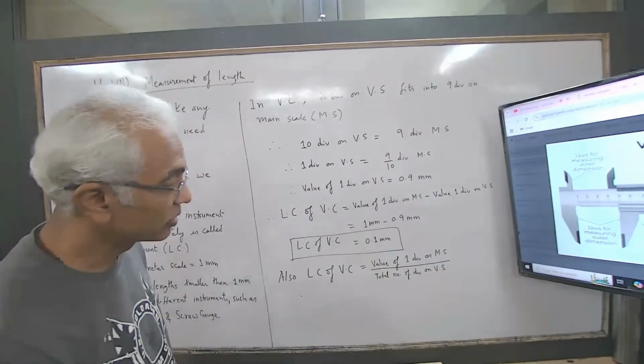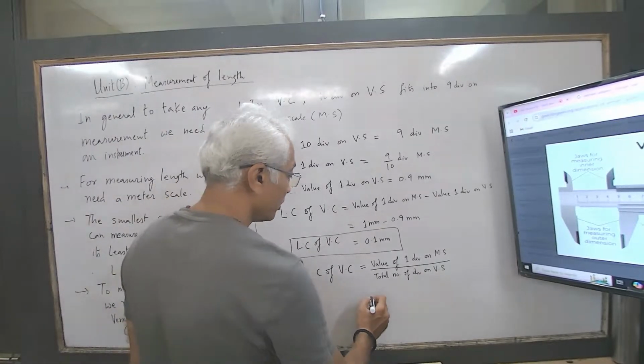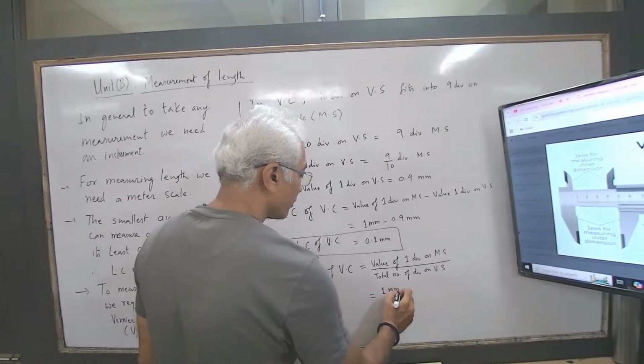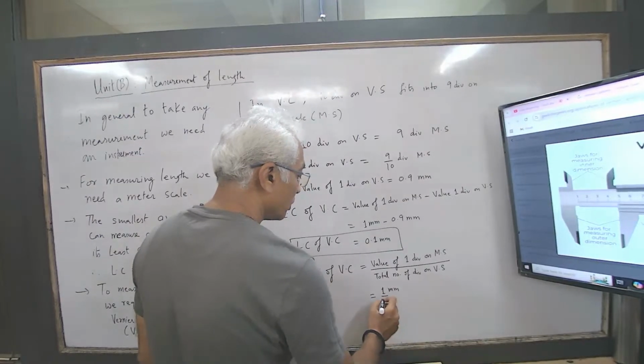So for the instrument given in your book, the value of one main scale division is 1 millimeter and the number of divisions on your vernier scale is 10.